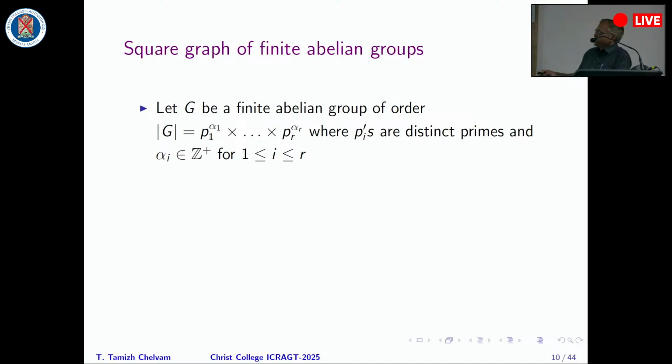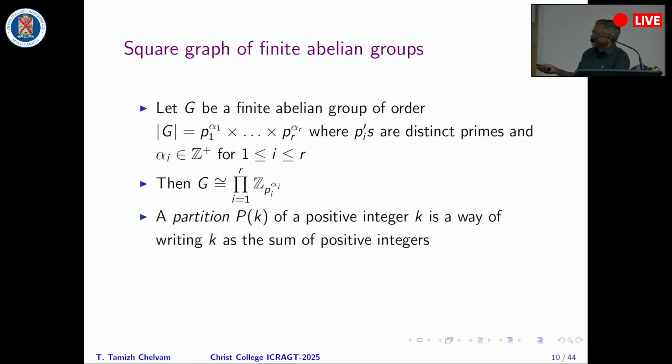So if G is a finite abelian group of order p1 to the power alpha 1 through pr to the power alpha r, where the pi's are distinct primes and the alpha i's are the corresponding exponents, then G is isomorphic to the direct product of the cyclic p-groups Z p_i to the power alpha i. This is used as a tool for the entire set of observations.